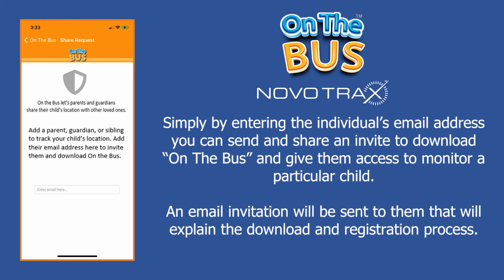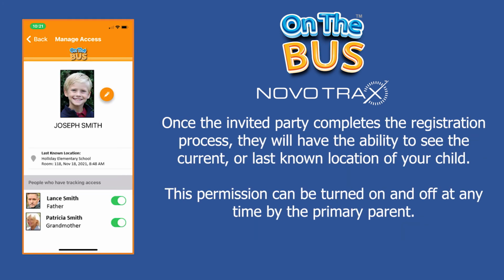An email invitation will be sent to them and will explain the download and registration process. Once the invited party completes the registration process, they will have the ability to see the current or last known location of your child. This permission can be turned on and off at any time by the primary parent.